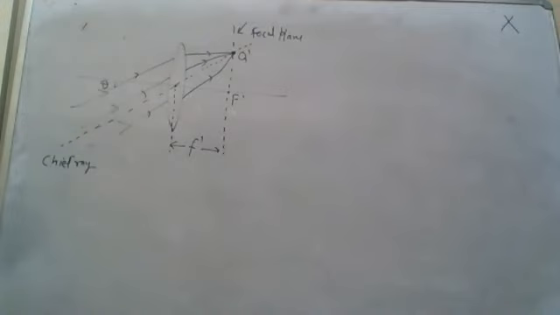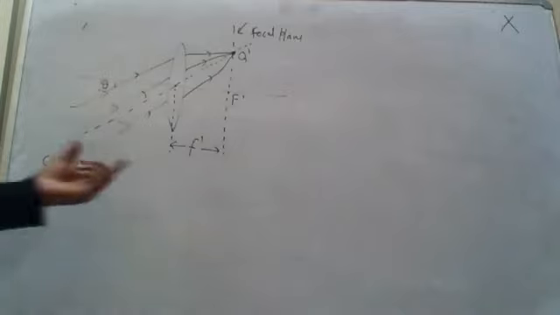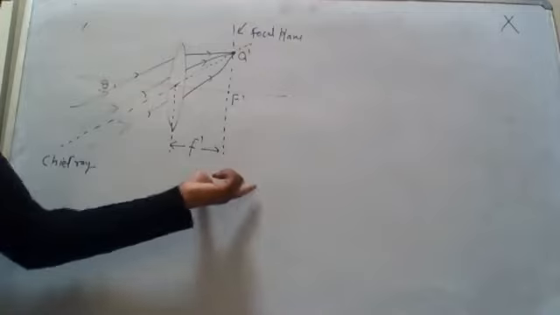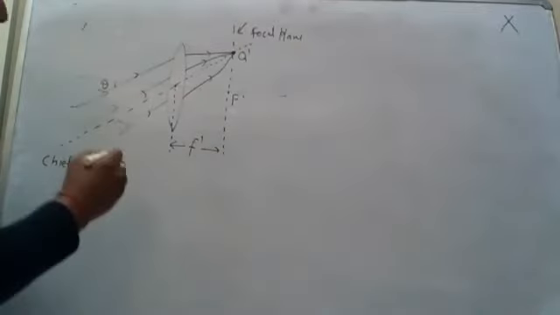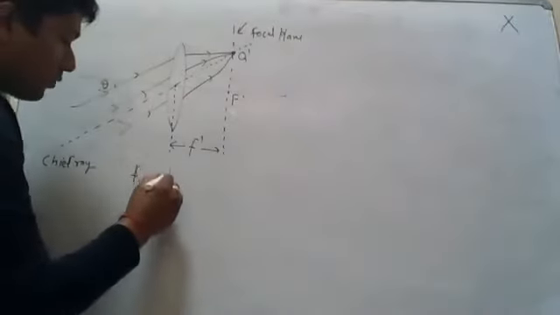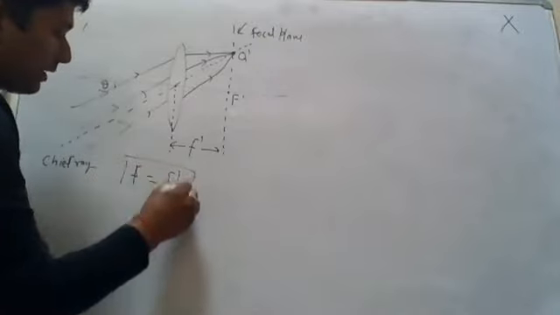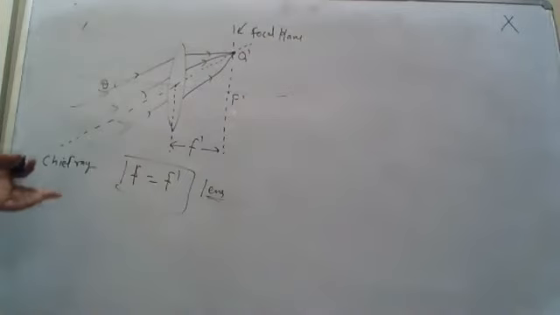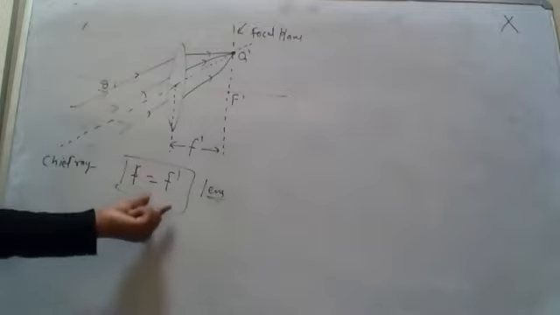Also we know that usually in the case of lenses the primary focal length and the secondary focal length are equal, meaning F is equal to F prime. While in the case of spherical surfaces, F and F prime depend upon the refractive indices. Why are they equal in this case?